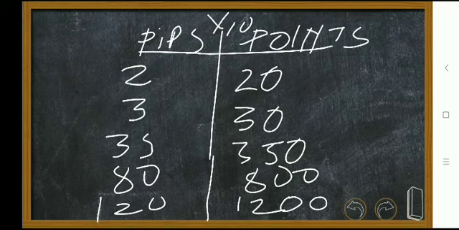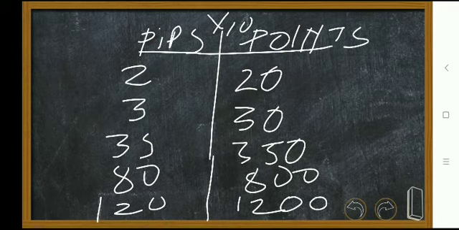The person who's saying 3 pips is the same as the one who's saying 30 points. The one who's saying 35 pips is the same as the one who's saying 350 points. The one who's saying 80 pips is the same as the one who's saying 800 points. Remember, 80 pips, 800 points. You can't say 80 pips is equivalent to 80 points.